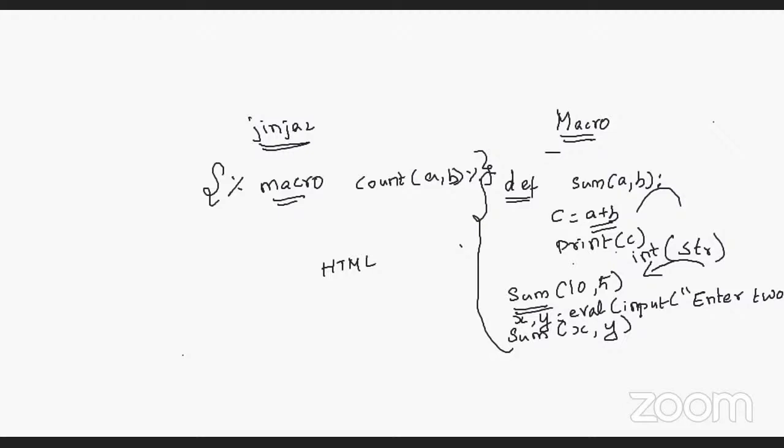For example, I'm using an H3 HTML tag, that is heading 3, and then I'm printing some content here, items, just for representation. And within that, you can represent the data also.